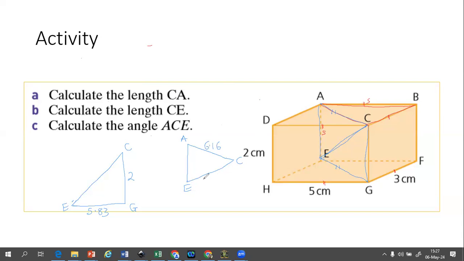And when you look at E to C, sorry, I think E to C is 6.16. What did we have for A to C? 5.83. And then A to E, what do we have?